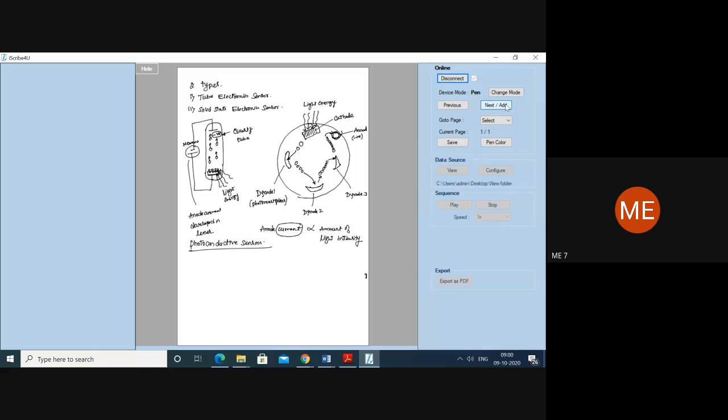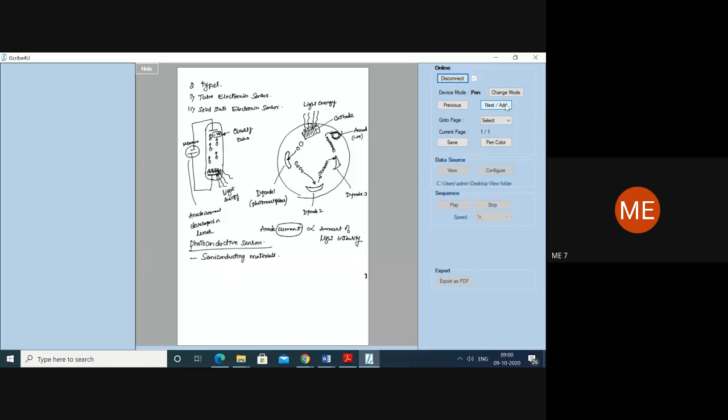For the case of photoconductive sensors, these are made from semiconductor material. The photoconductive sensors are made from semiconducting materials.